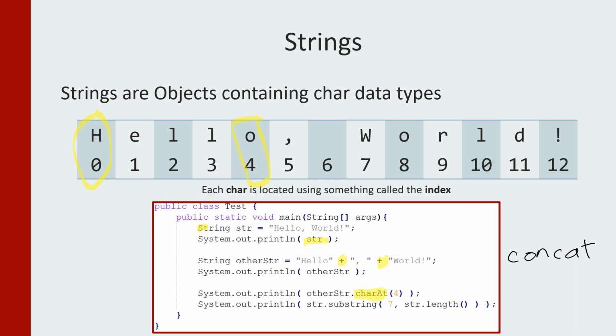What do you think that's going to give me? What is at index 7 of hello world? Okay, good. W appears at index 7, and then I want to go all the way to the length, meaning to the end of the string. So System.out.println is going to give me the word world with the exclamation point at the end.